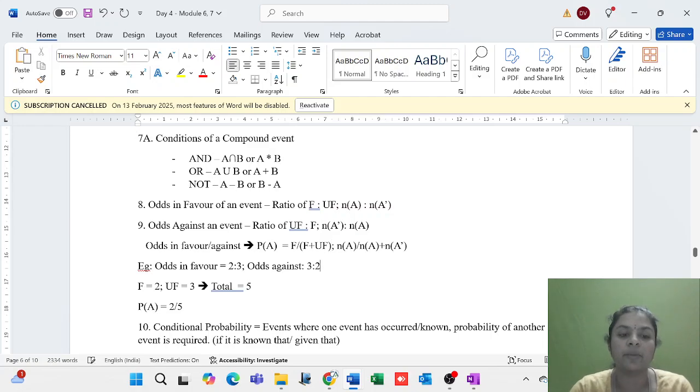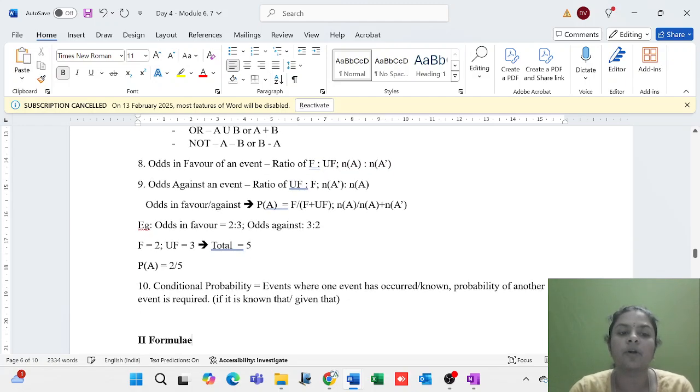I have given you an example also here for your reference purposes. And the last, conditional probability is where one event has occurred which is known and the other event is to be found out. In other words, where the events are dependent on one previous event.